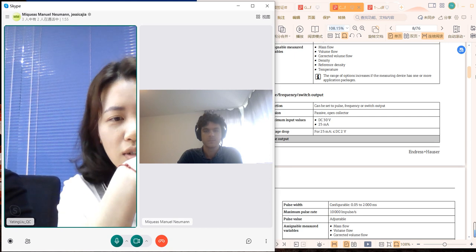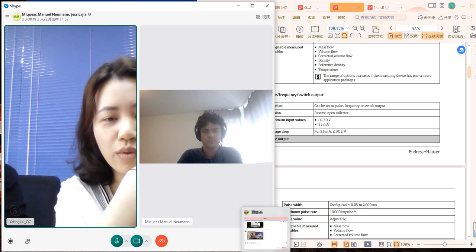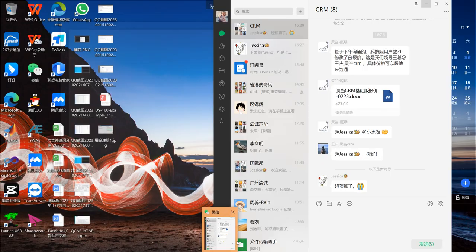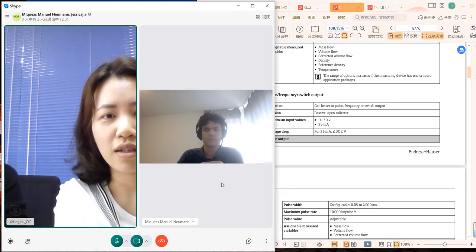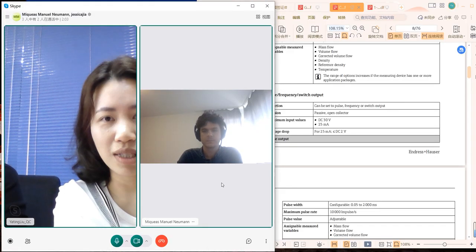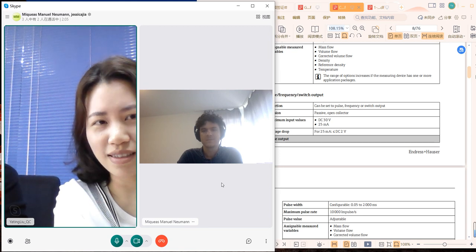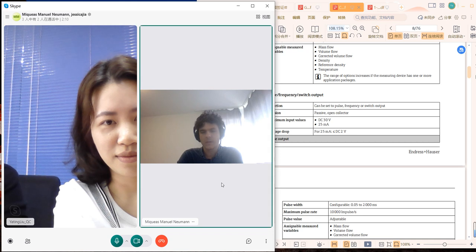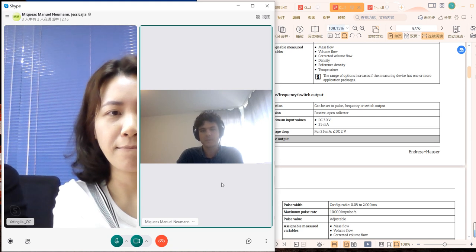Okay, I saw you wanted to connect multiple things, including the microphone, the flow meter, the vibration sensor, and the acoustic emission sensors. Yeah, the vibration sensors measure vibration.